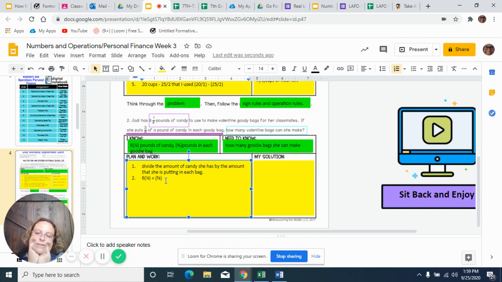Think, think, think. What do I do? I remember, first of all, I have to convert this to an improper fraction. So I do 6 times 4, which equals 24, plus 1, which equals 25.